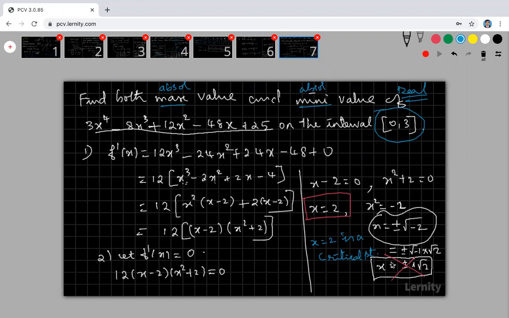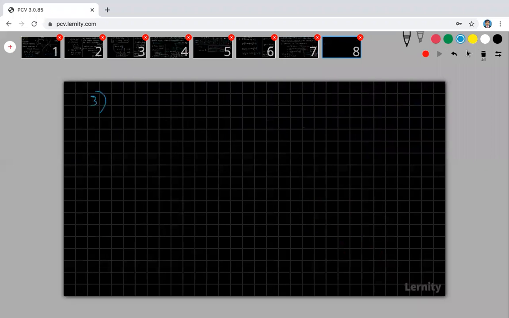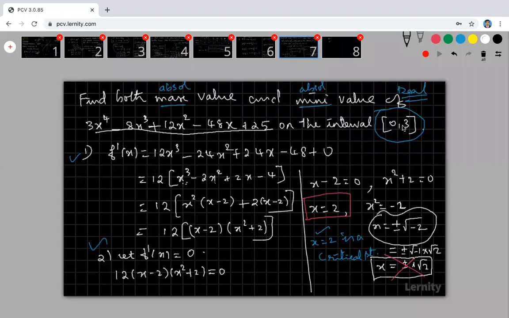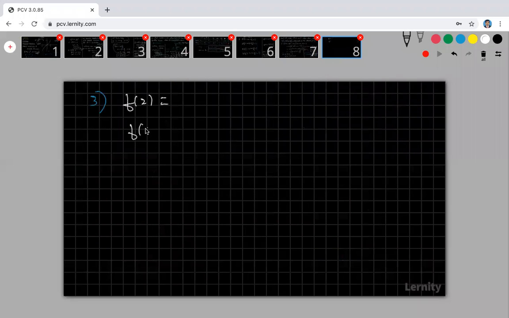Students, are you okay? Now my first step is over, second step is over. I got the critical point. Then come to the third step. My third step is to find the value of f of x at x equal to 2 and at the end points of the interval, f of 0 and f of 3.